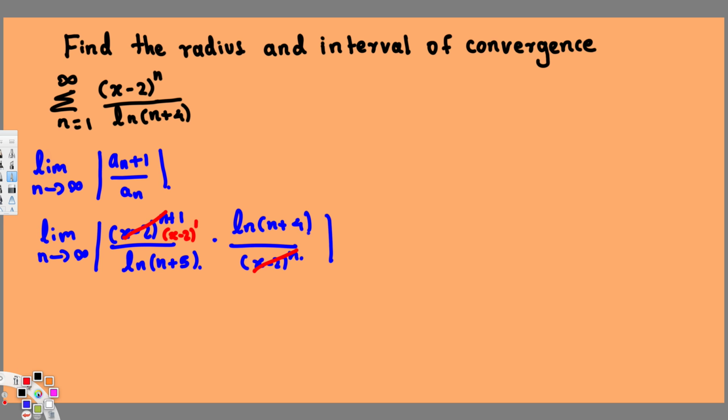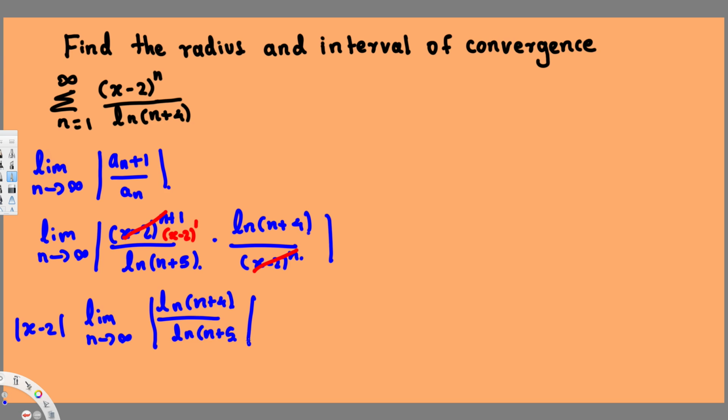So here we are going to have the absolute value of x minus 2 in the front, limit n approaches infinity, ln(n plus 4) over ln(n plus 5). And if you notice, this is infinity over infinity, because if you substitute n as infinity right here, this is going to be infinity over infinity.